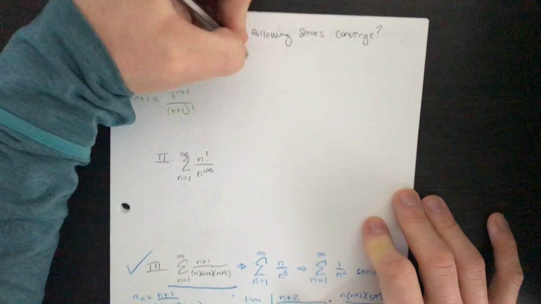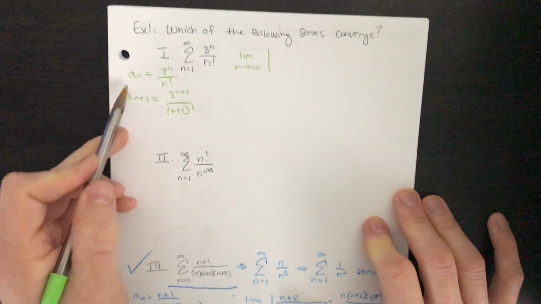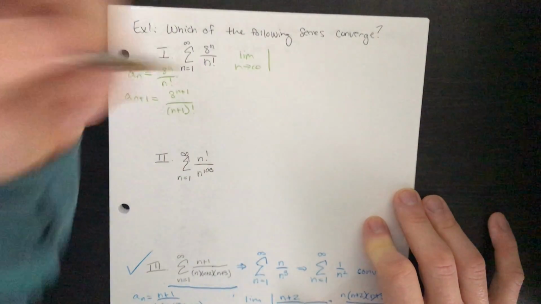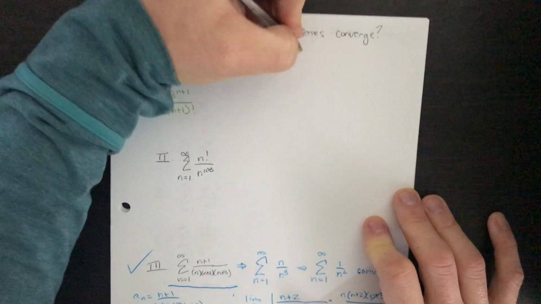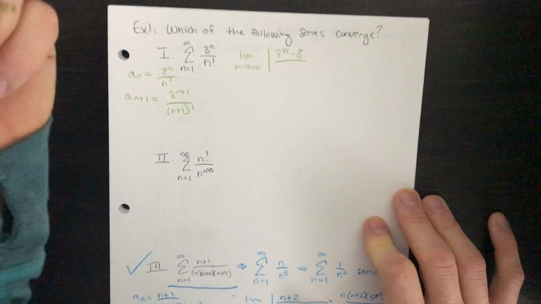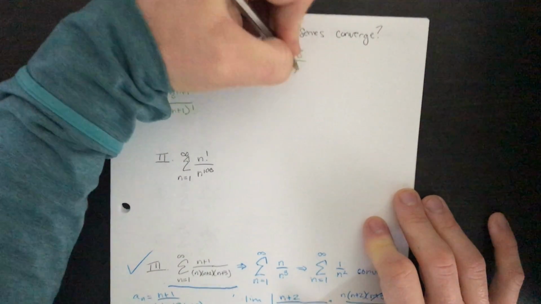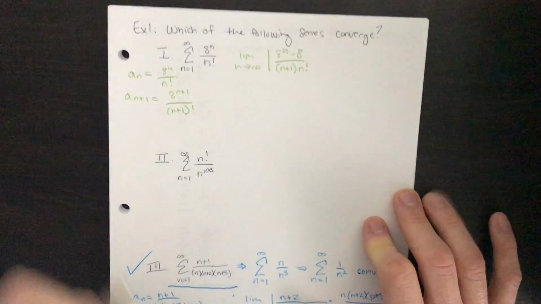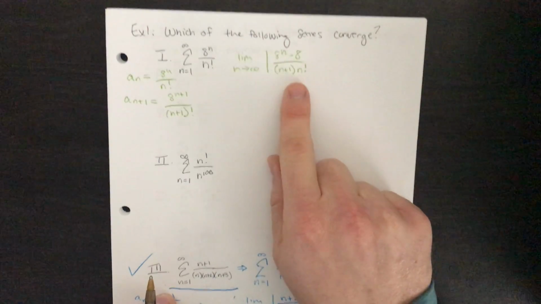If I take the limit as n goes to infinity of the ratio of a sub n plus 1 over a sub n, I'm just going to write it again with a sub n plus 1 multiplied by the reciprocal of a sub n. The other thing you can see I'm doing right here is expanding the exponential and expanding the factorial as I write it into the limit.